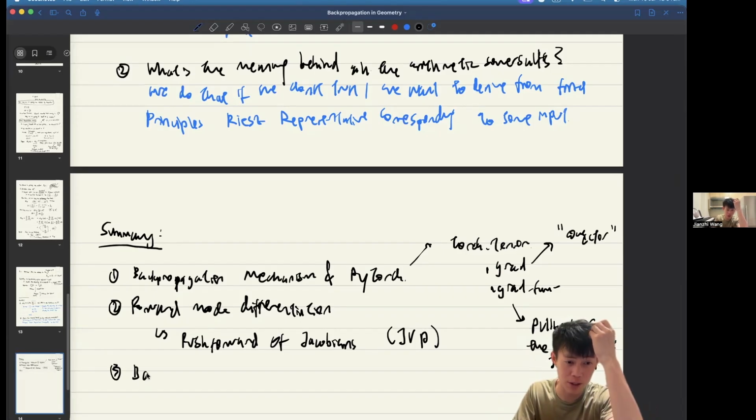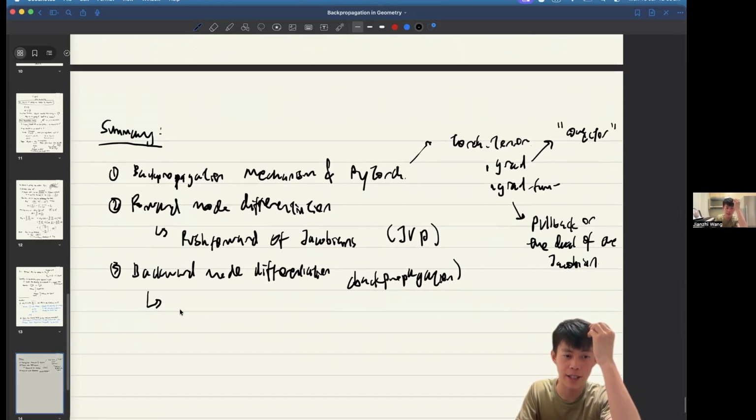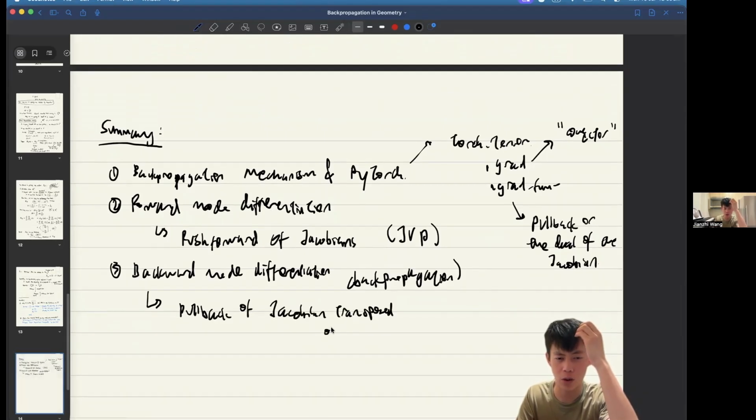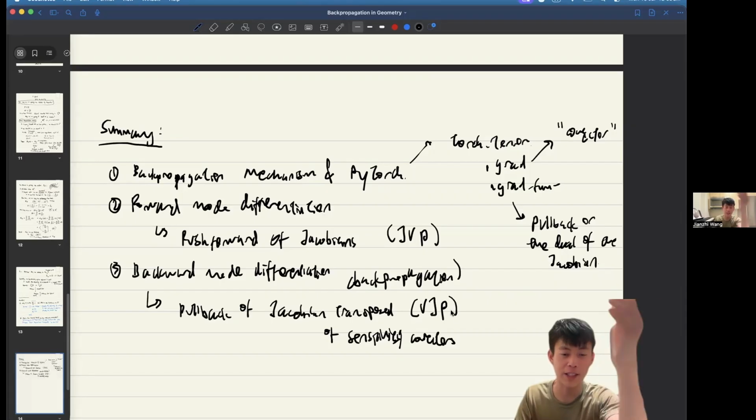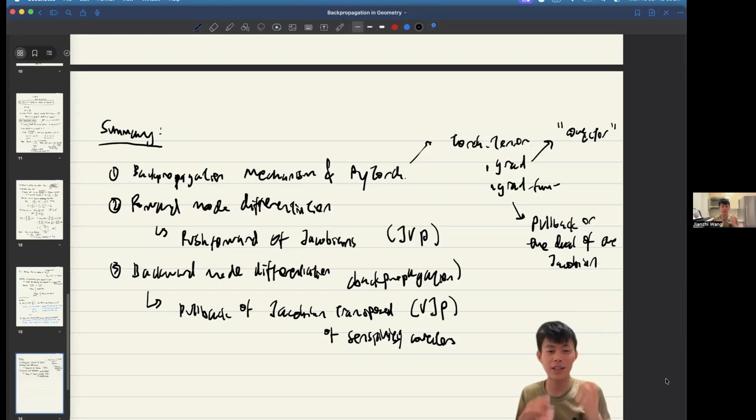We talked about backward mode differentiation, which is backpropagation. And we have seen how this is just the pullback of Jacobian transposed of sensitivities, or covectors. And this is why you often hear people talk about VJP, the vector Jacobian product. So the sensitivities are usually regarded as vectors.